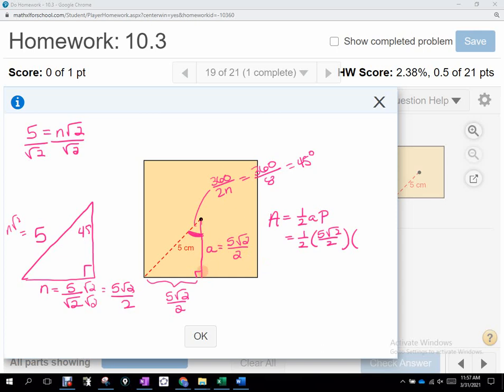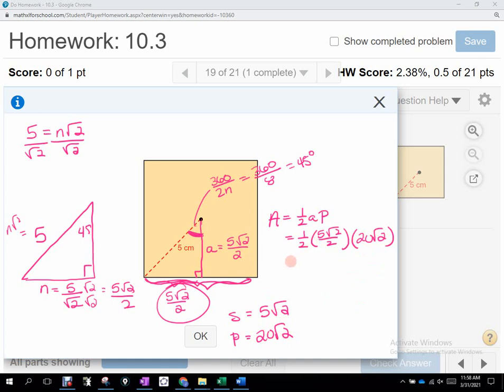So if I go find the perimeter, I need to find that distance first, right? Isn't that distance going to be twice as big as that one? So if I double that, it gives me just 5 radical 2. So a side length is 5 radical 2. So what would the perimeter be? I would multiply this by 4, so it's going to give me 20 radical 2.